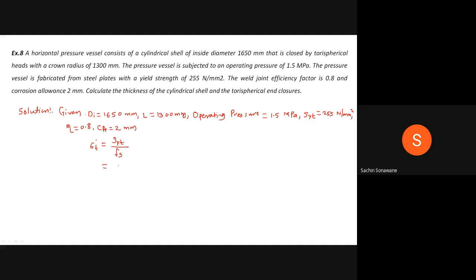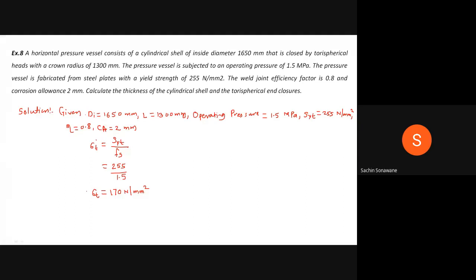Therefore, 255 divided by 1.5 is equal to 170 Newton per mm square.